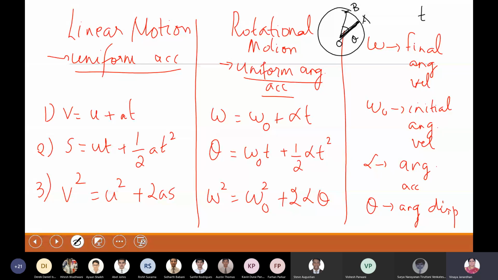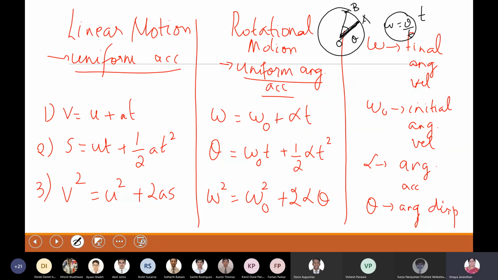When the body moves in a circular path, say the body starts from point A, goes to point B, rotating about an axis passing through O, then in a time of t seconds it has swept an angle theta. And what is your angular velocity? The amount of angle swept in a given time.